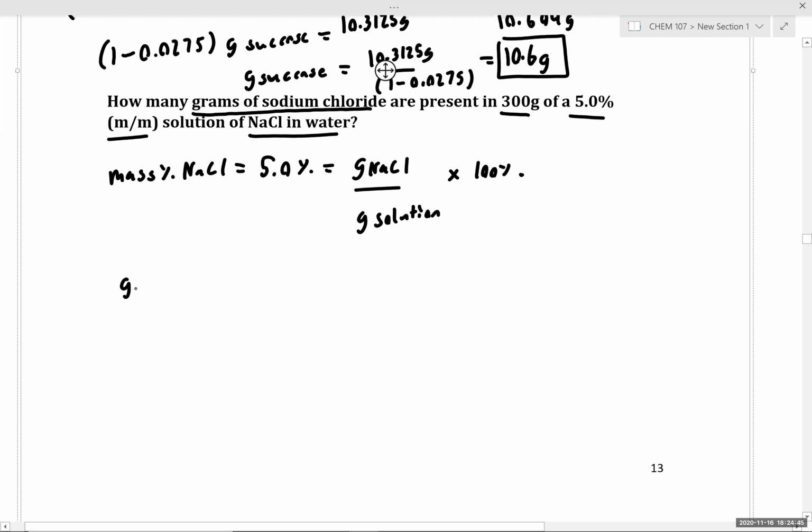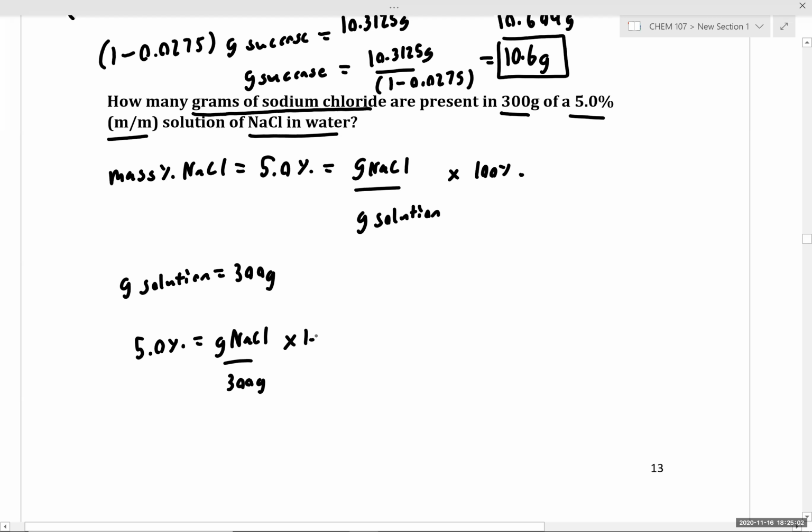And we know from the problem that the grams of solution are equal to 300 grams. Therefore, substituting, we get 5.0% is equal to the grams of sodium chloride over 300 grams times 100%.